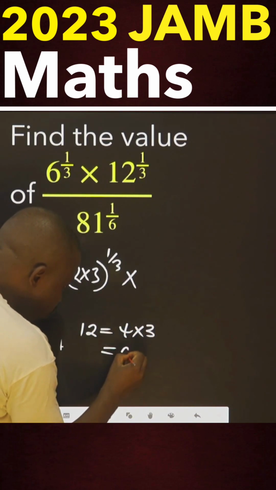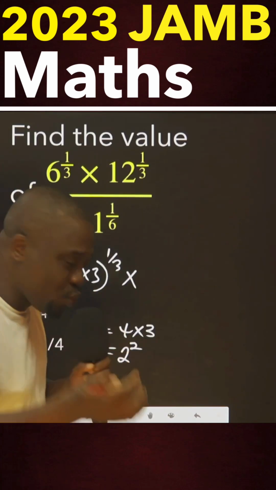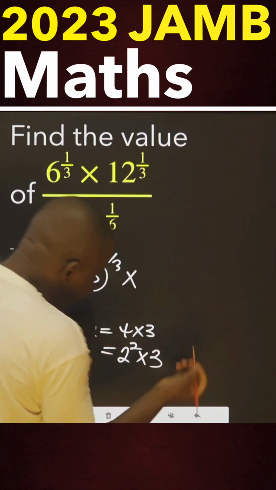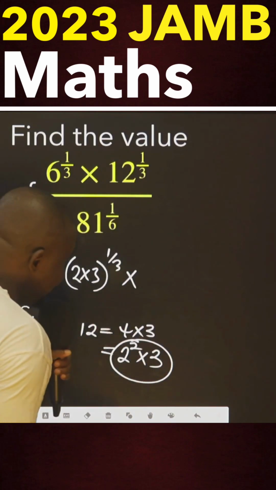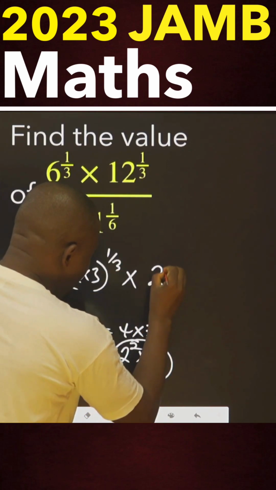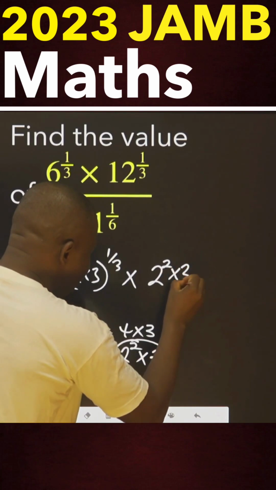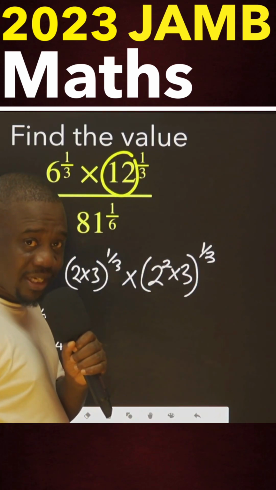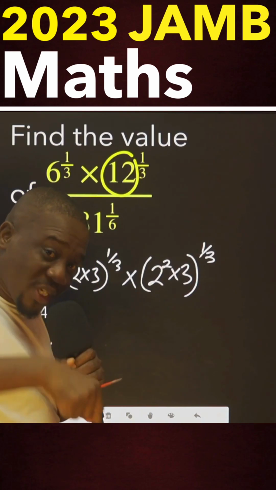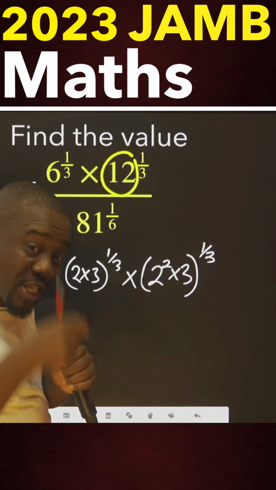What is 4? 2 raised to power 2, that is 2 times 2. Then I still keep this 3. It means I can use these guys to replace the 12. That is 2 raised to power 2 times 3. This 12 alone means 4 times 3. The 4 I just mentioned is also 2 times 2, which is 2 raised to power 2.